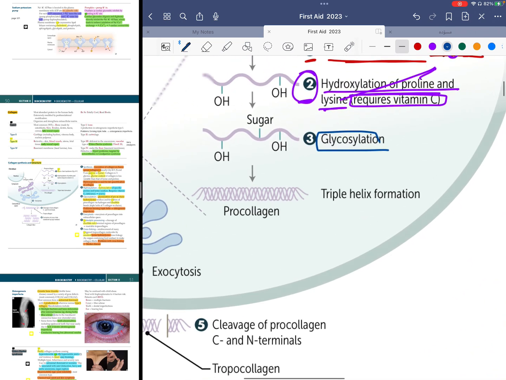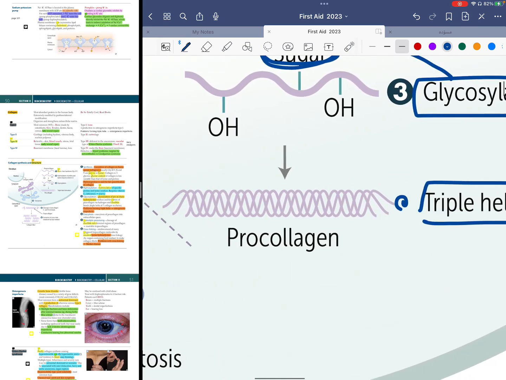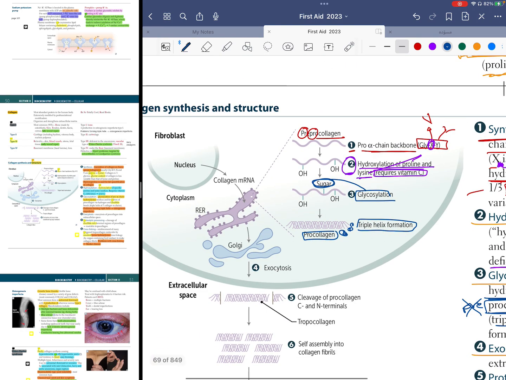Because it is called glycosylation, it contains some sort of sugar. And an end product of it is the triple helix formation. This is 1, this is 2, and this is 3, and all of these 3 lines are coiled together to form the procollagen.